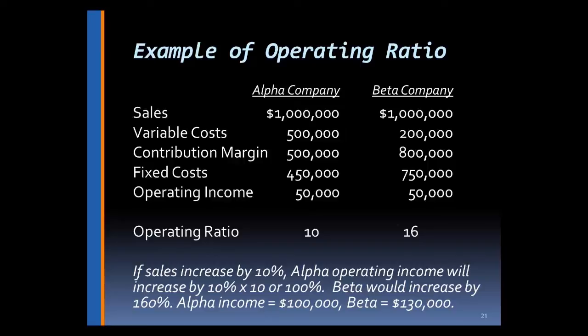And that's why we see as companies get older, they get a higher operating ratio because they have a lower percentage of variable cost to their total costs. When they grow, they're more profitable. But if they don't grow, then they're going to fall into a loss much more rapidly. Very, very interesting scenario.